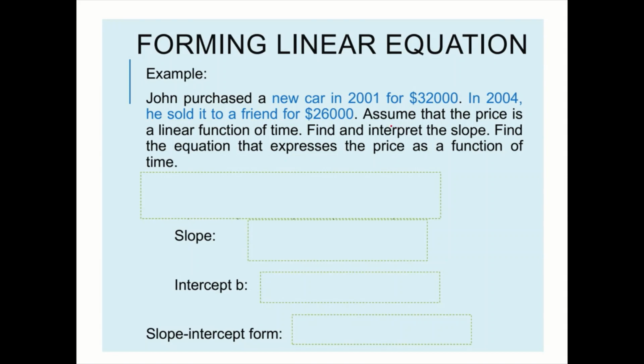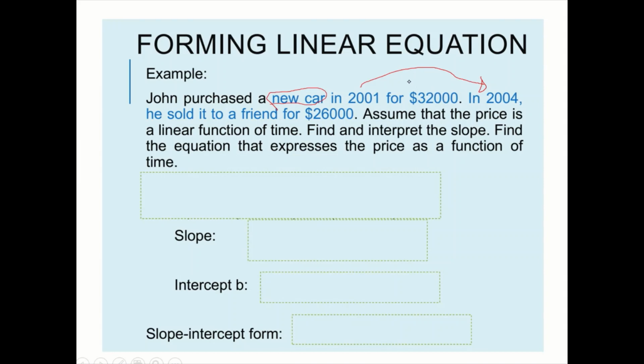Let's try to understand the background of this example. When we purchase a new car, and after some time, what happens to the price of the car? The price of the car will not go up, it will reduce.